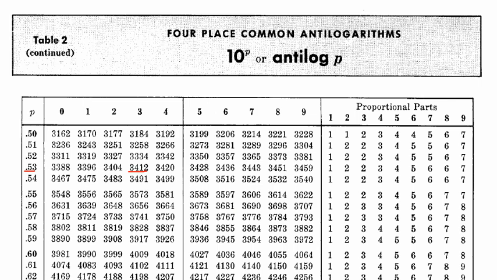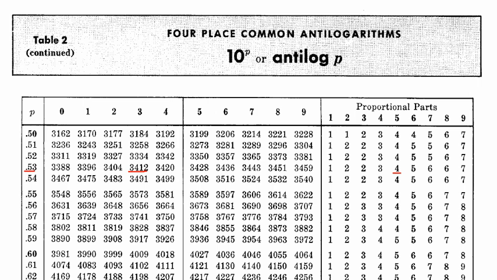Then difference 5 is 4. So when you add 4 to 3412, you are going to have 3416. There is still a little variation that is due to this table that we have here.